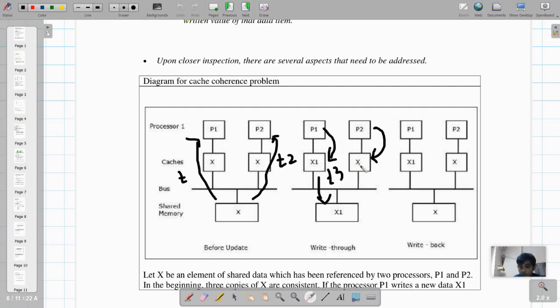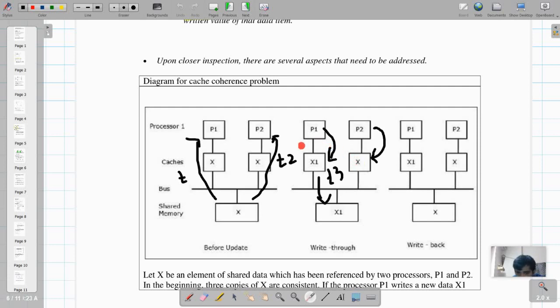However, if you carefully follow the situation, processor P2 doesn't have access to the latest value. It has access to some old value. And this results in a peculiar problem.